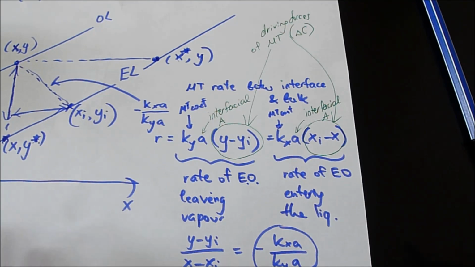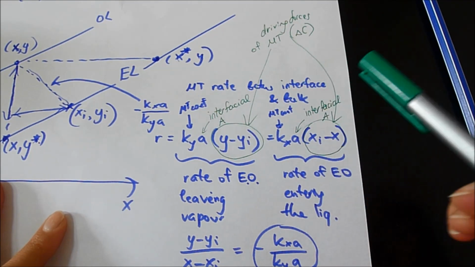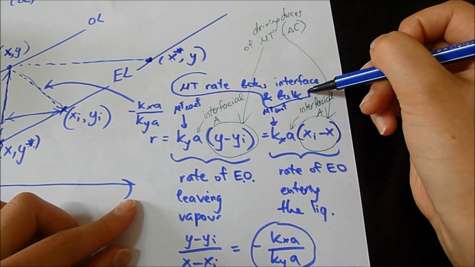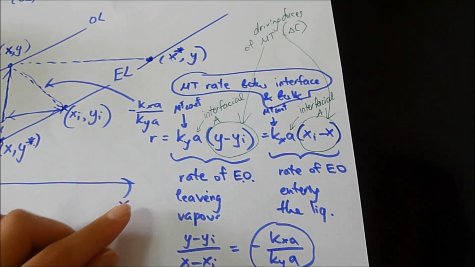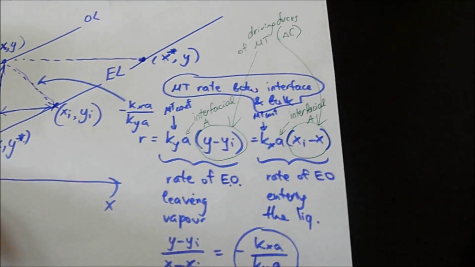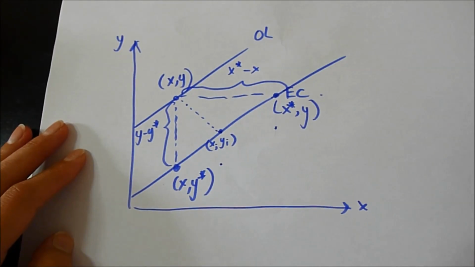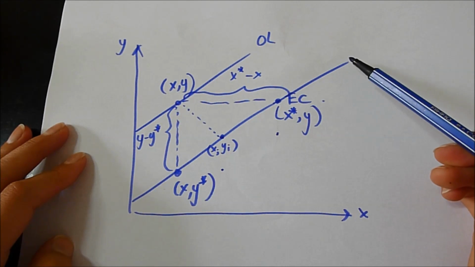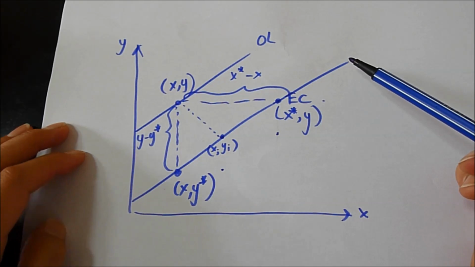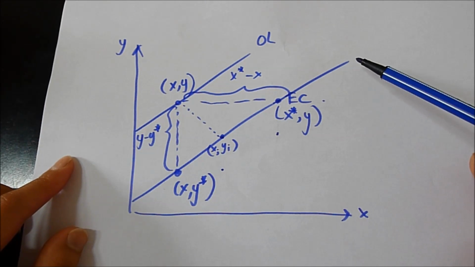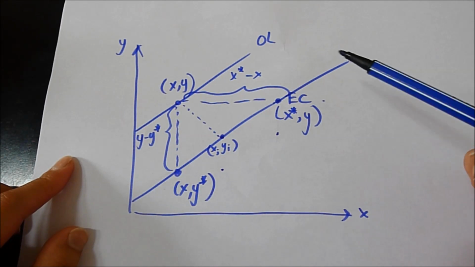So now we know how the mass transfer rate between interface and bulk is written. Now we need to write the mass transfer rate between the equilibrium and the bulk. And for that we need another graph. On the equilibrium curve, sometimes this equilibrium curve is not straight, but in this case it's straight.